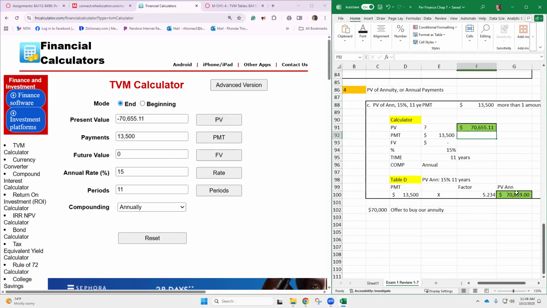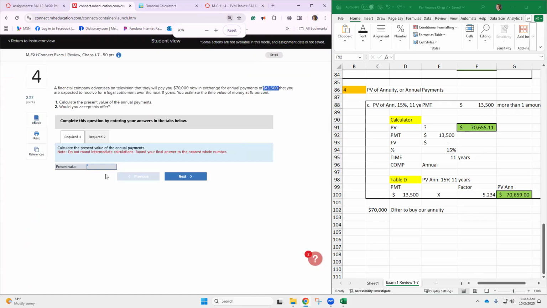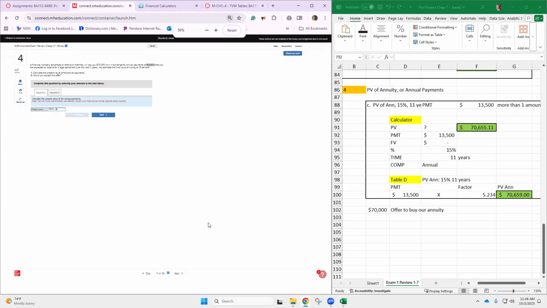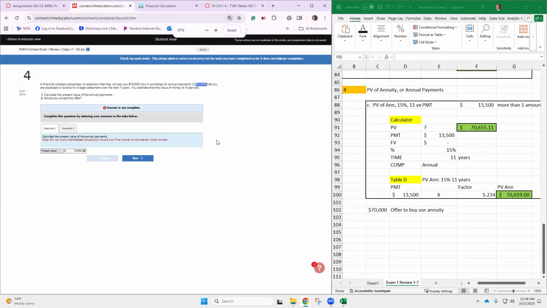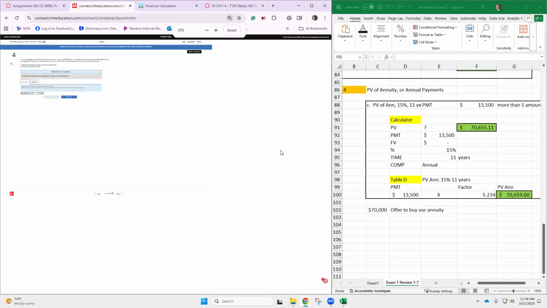That's very close, so I think you could put either one of those in. The first thing they want to know is what is the present value of your annuity? It ought to be pretty close to what they're offering you.